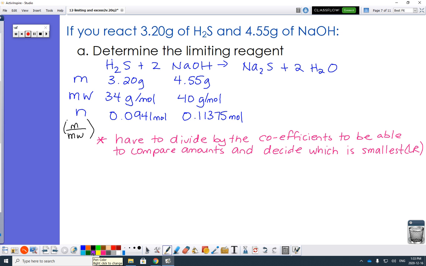So if you like the chart way, you can make a row that says LRR like we did in the other one.